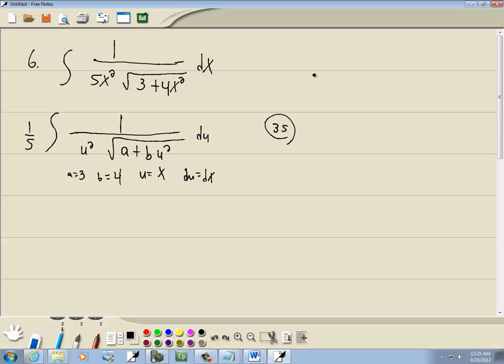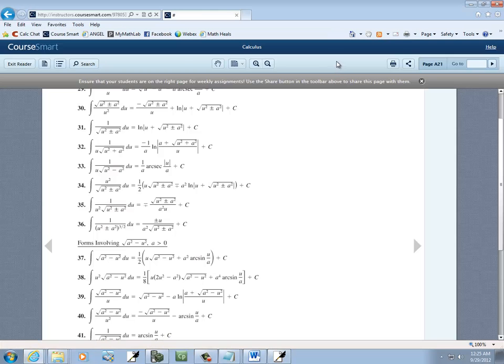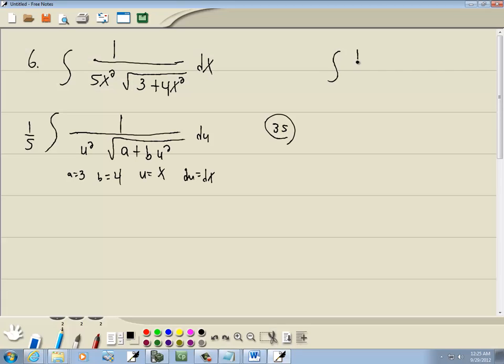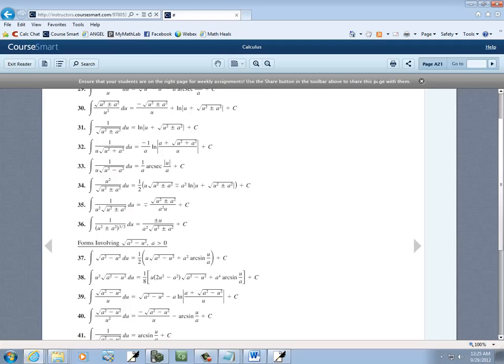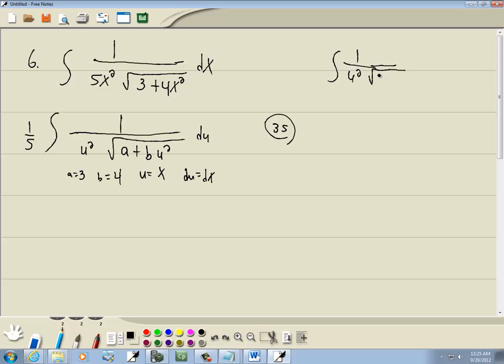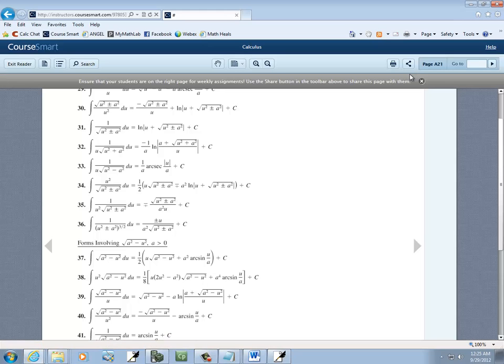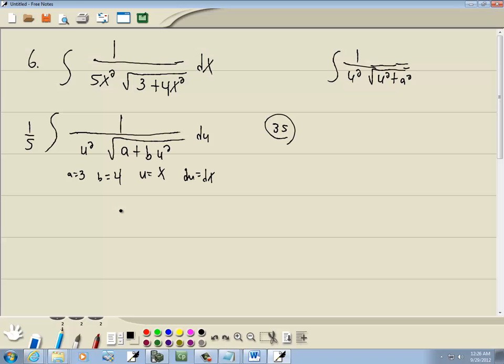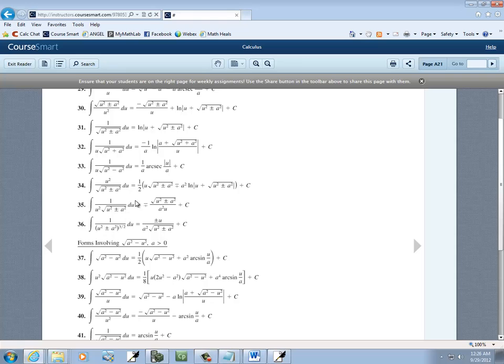Okay, so what I want it to look like is 1 over u squared, square root of u squared plus a squared. And if I get it to look like that, then since I'm choosing, I need the plus there. That's on top. I want the one that's on top over here.